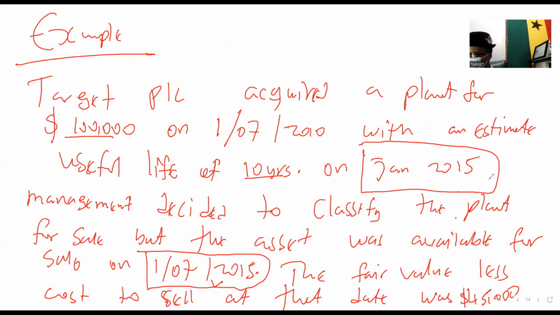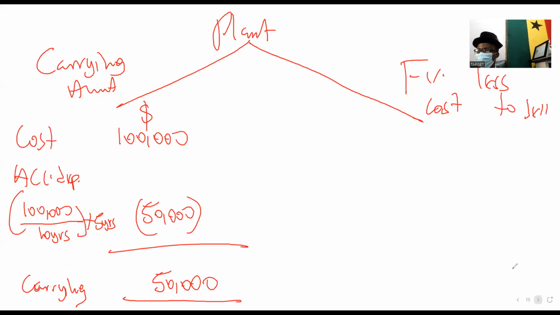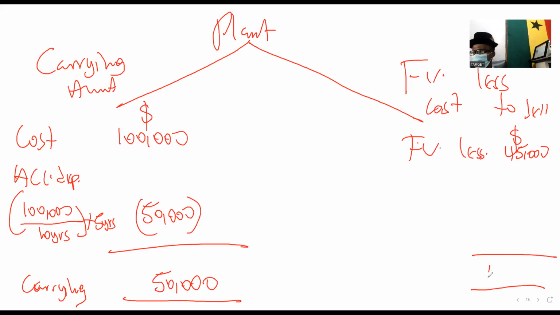So for those who use January, 4 years, 6 months, but don't use that one. We are begging you. So the fair value less cost to sell is $45,000.